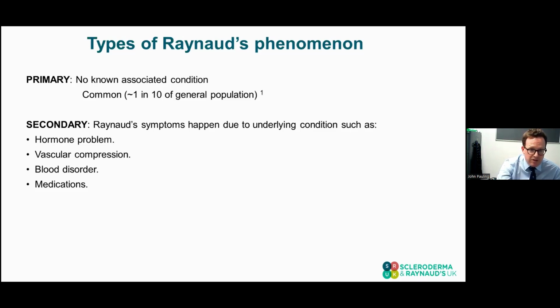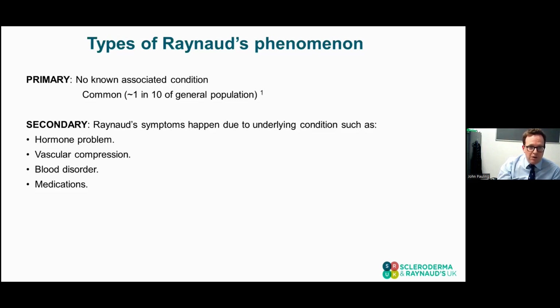Certain medications can aggravate this problem and unmask Raynaud's, a common form being beta blockers, which are a commonly used medication in people who've had heart problems, maybe after a heart attack, or people with fast heart rhythms, or people with heart failure.